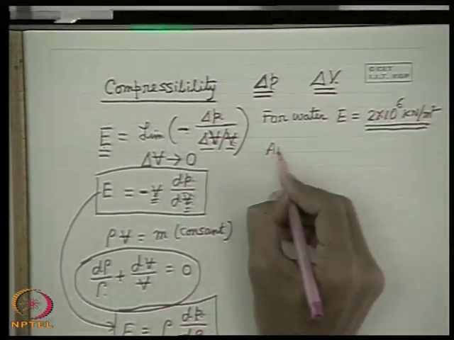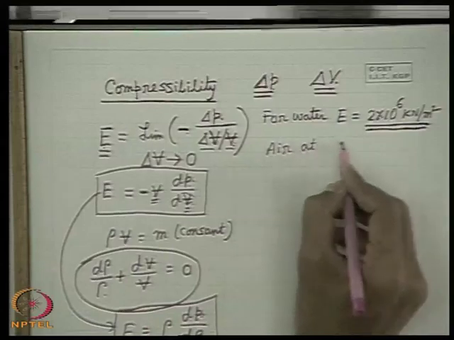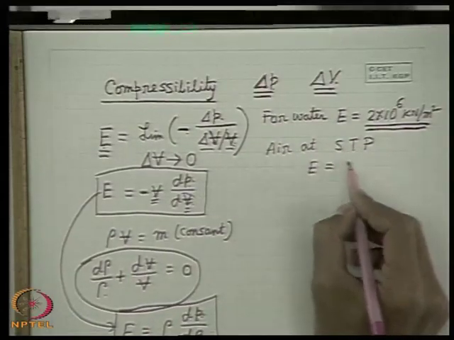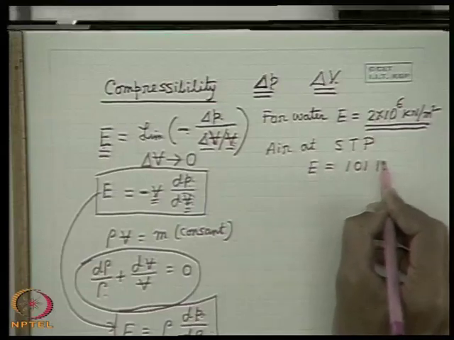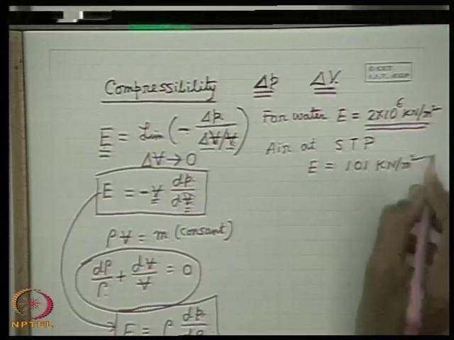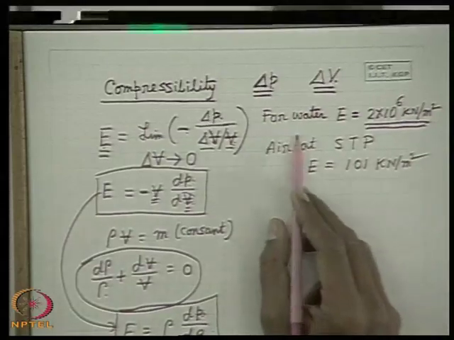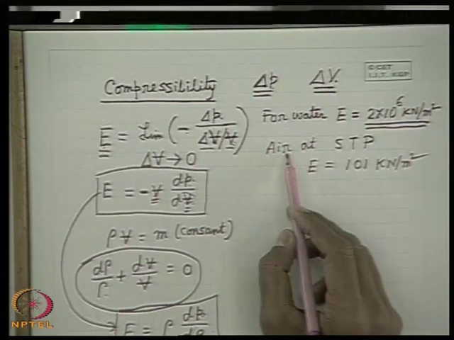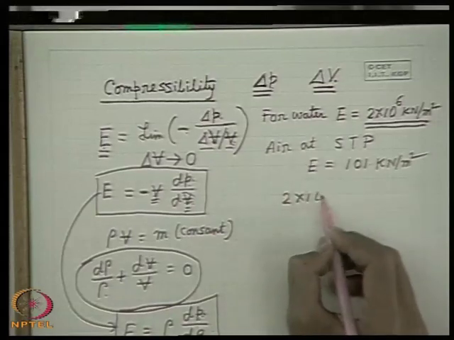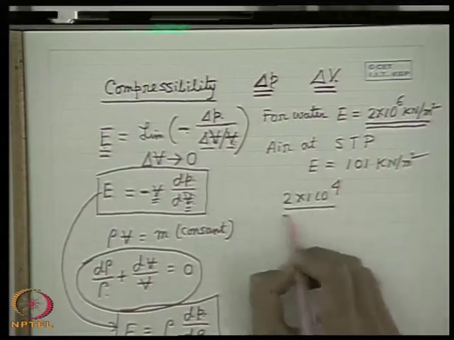Whereas for air at standard temperature and pressure, the value of E is simply 101 kilonewton per meter square, that is the standard atmospheric pressure itself. Now you see that air is 2 into 10 to the power 4 times more compressible than water.